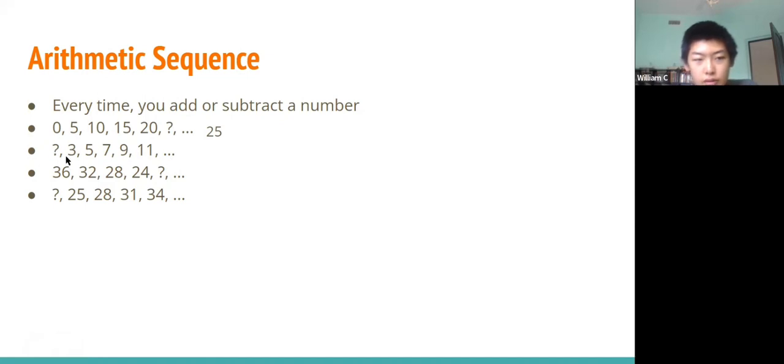You can also figure out the beginning of an arithmetic sequence using the numbers that are already given. For example, in this sequence, the other numbers are 3, 5, 7, 9, and 11. So it is clear that every time we add 2, therefore the first number is 1, because 1 plus 2 equals 3.